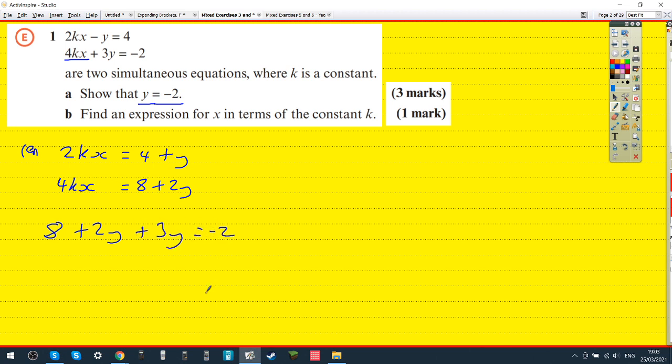Then you can minus 8 on both sides, which gives you minus 10. And then you do 2y plus 3y, which equals 5y. Then you divide by 5 on both sides, which gives you y equals minus 2. That's great. And B.